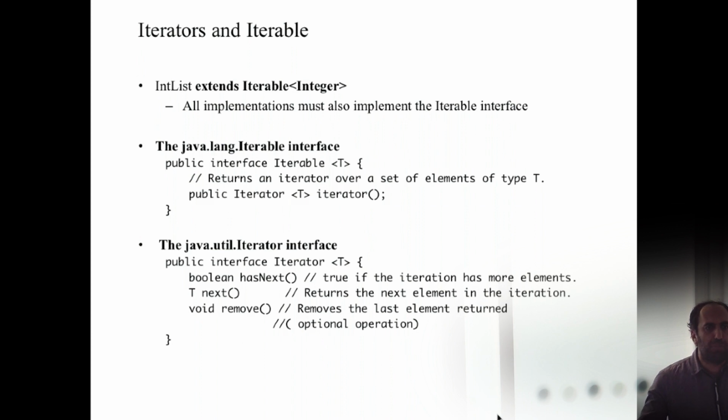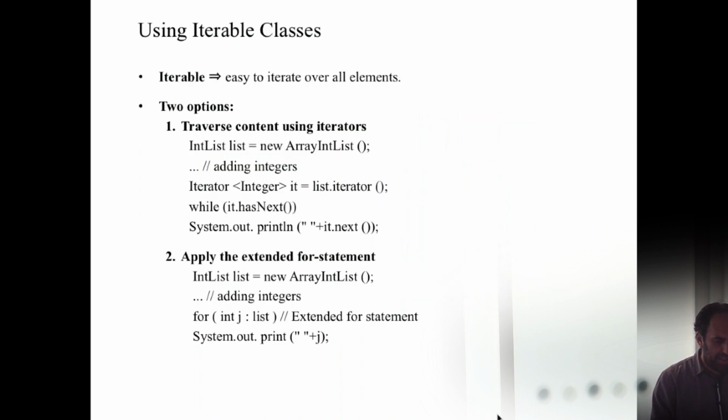So it is also important that when you are implementing or designing your own data structure, you should provide support for the iterable interface, so that the user can use it to visit the elements. Using this iterable interface, there are two ways to visit the elements.